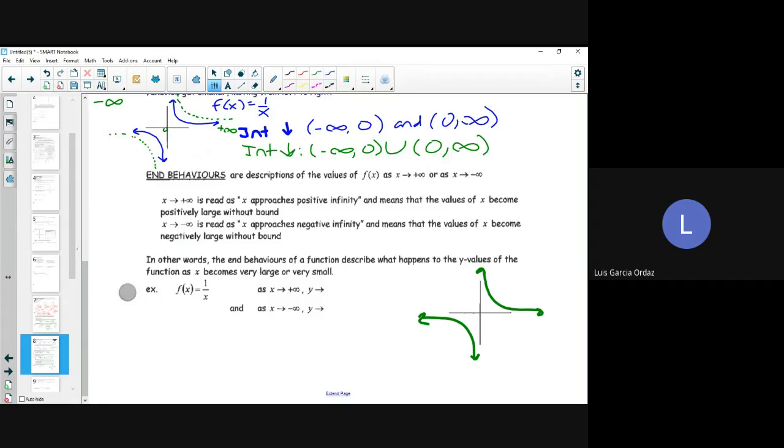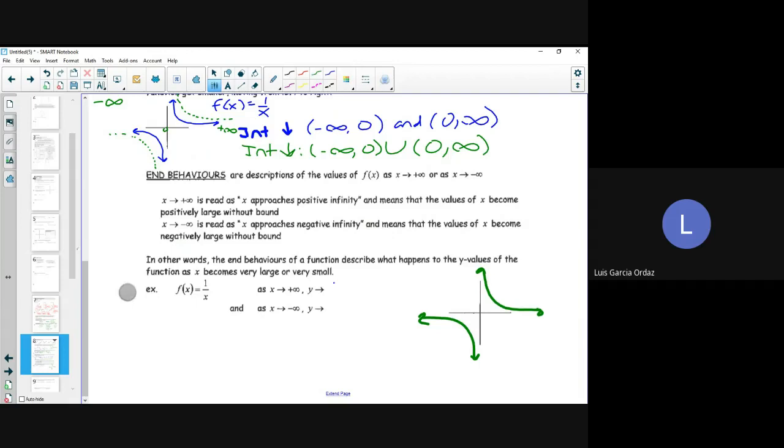So we want to look at the end behaviors. As x approaches positive infinity, so as x keeps going to the right, y approaches what value? Zero, because the asymptote is at 0.